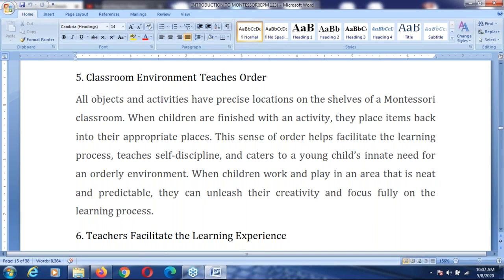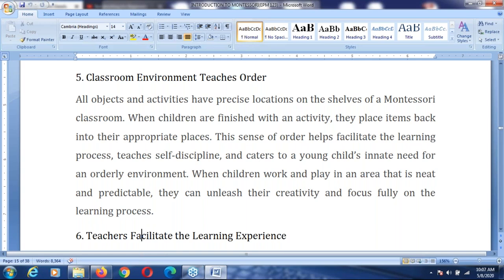All this they practice in the classroom helps to inculcate orderliness in the lives of these children. In the morning, they see that their teacher has arranged their activities in order.